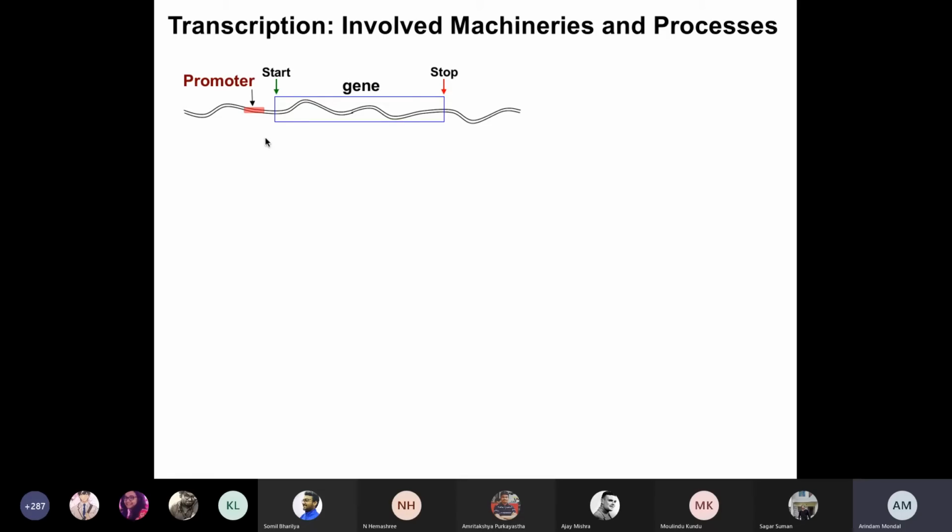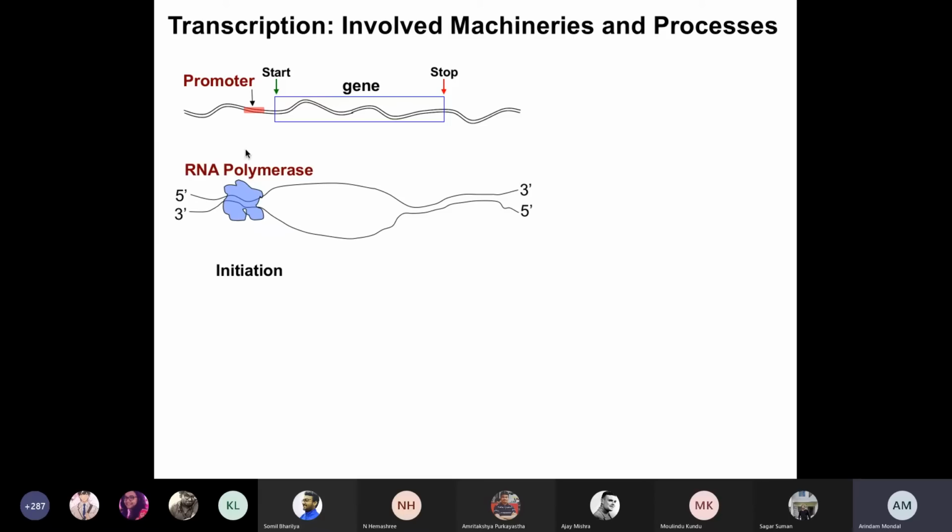So what is the promoter? Promoter is the sequence which gets recognized by the RNA polymerase. RNA polymerase can recognize specific sequence elements upstream of the gene. Upstream means on the left hand side, downstream means on the right hand side.